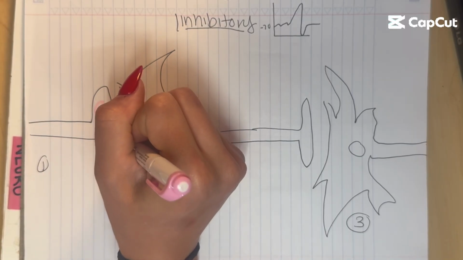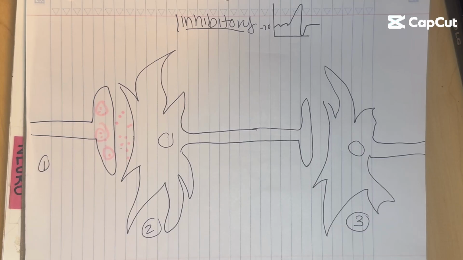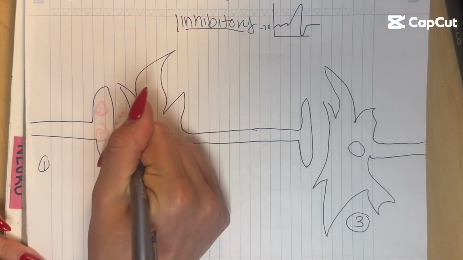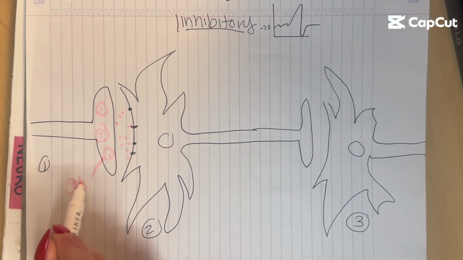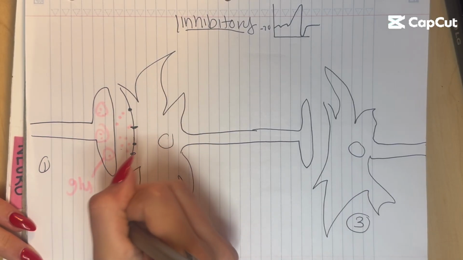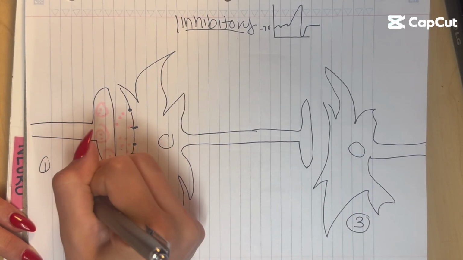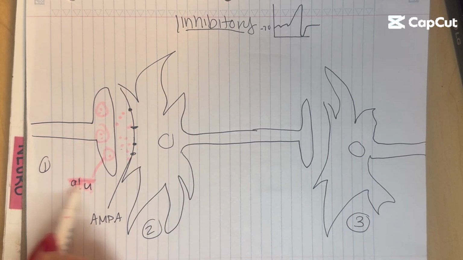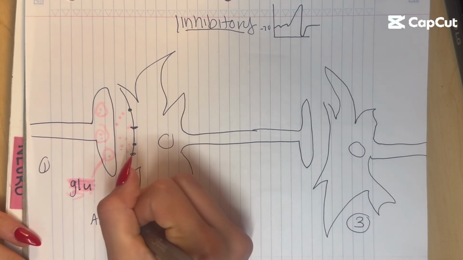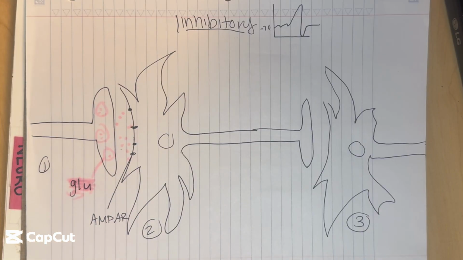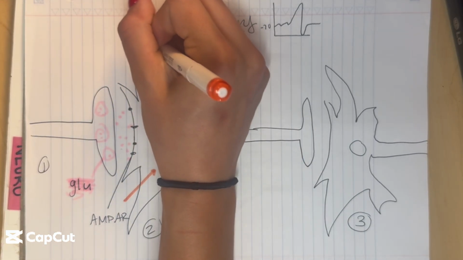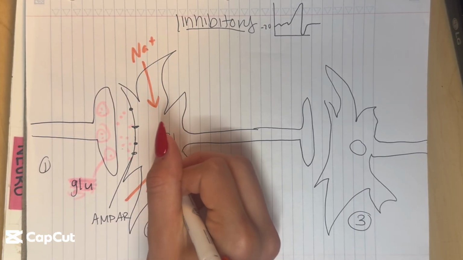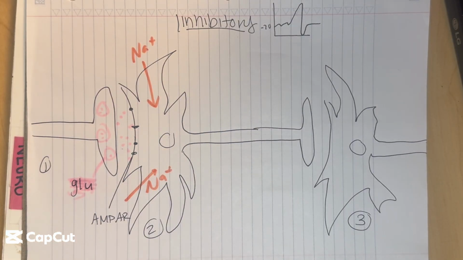Now, second, the inhibitory circuit. In the inhibitory circuit, again, we are going to start with this first Go cell. It's going to still have that glutamate, that excitatory neurotransmitter, which will ultimately bind to those AMPA receptors and cause the sodium influx and that depolarization that we talked about before, which is that big increase on that graph that you can see up at the top of the paper.